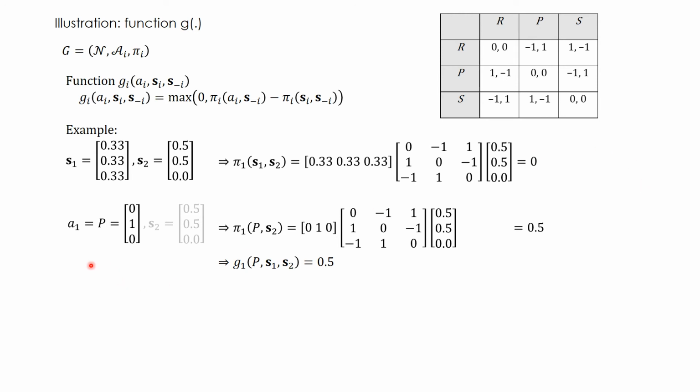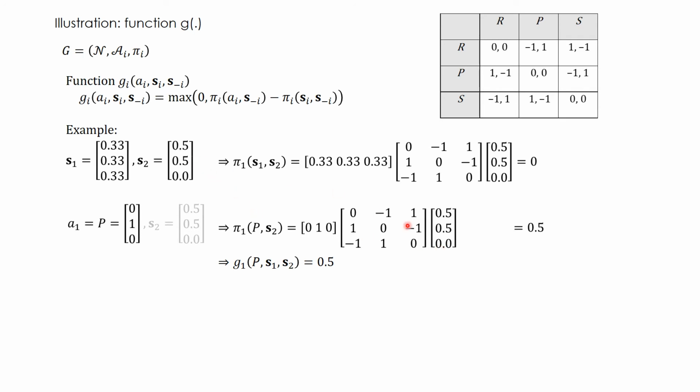Now let's consider action A1 equals paper. Suppose instead of playing this mixed strategy, agent 1 decides to play paper only. Then let's see what happens. So the action is 0, 1, 0, and the payoff is 0, 1, 0 times P1, the payoff matrix, times S2.